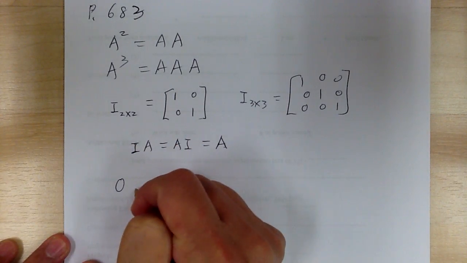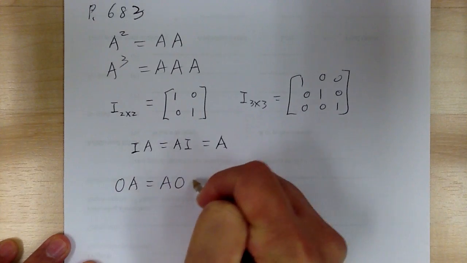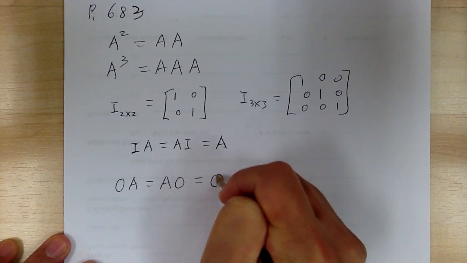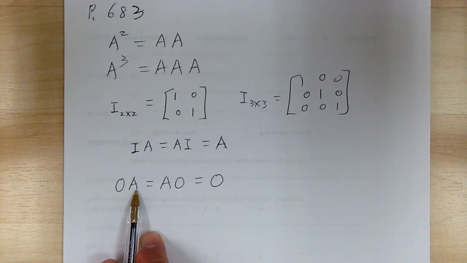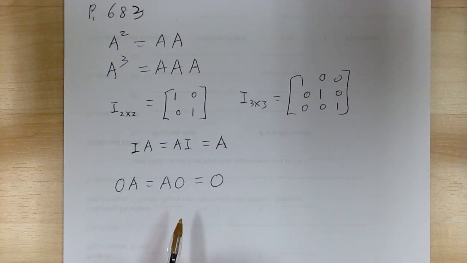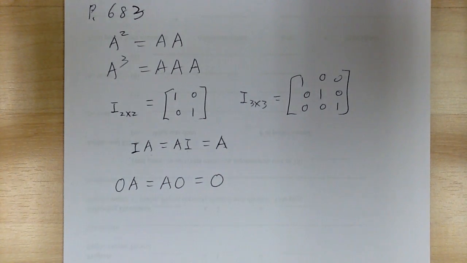We already covered this. So the 0 matrix times A equals A times the 0 matrix equals the 0 matrix. Again, think about regular math: 0 times A equals A times 0 equals 0, and 1 times A equals A times 1 equals A. So that's kind of the same concept.